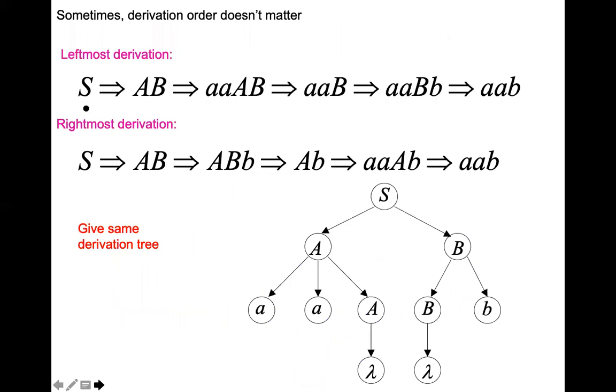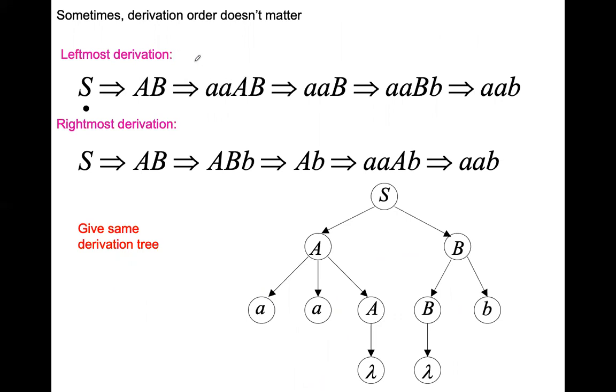See here, for the same string we can do a leftmost derivation. Leftmost derivation means we start substituting from the left-hand side only. Here A and B are the two variables. What will be the leftmost variable here? A. So in A we need to substitute first, AB.